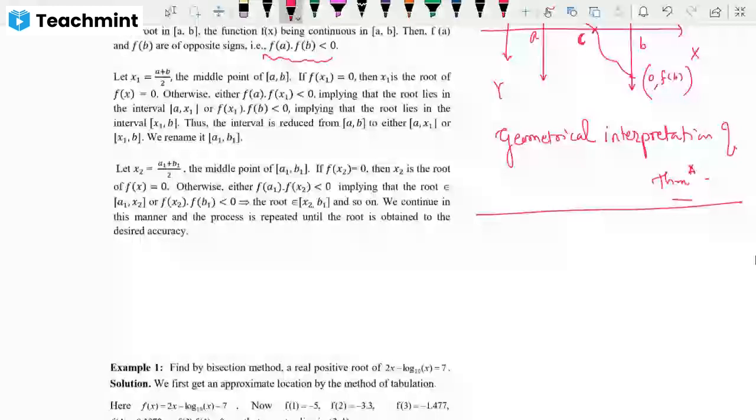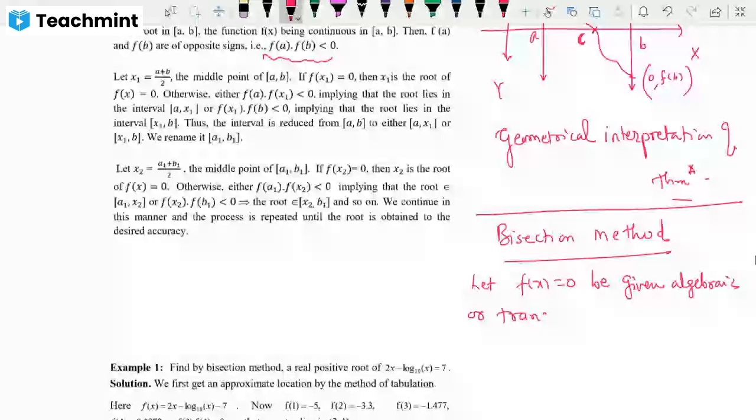Step 1. Let's suppose f(x) = 0 is the given algebraic or transcendental equation. It may be algebraic or it may be transcendental.